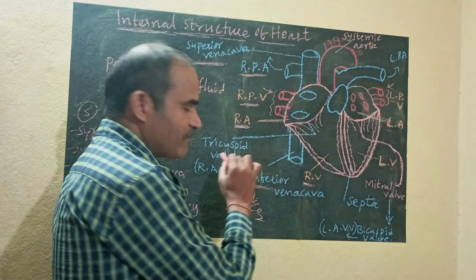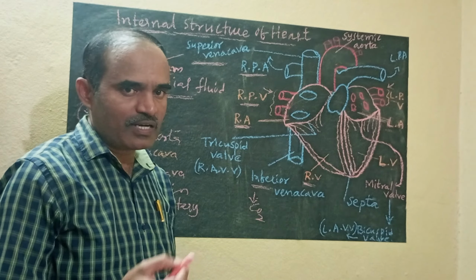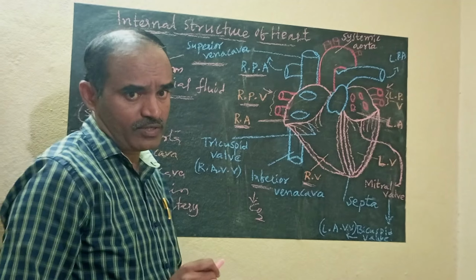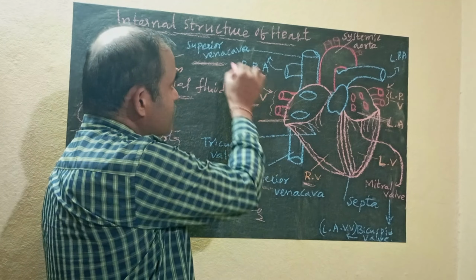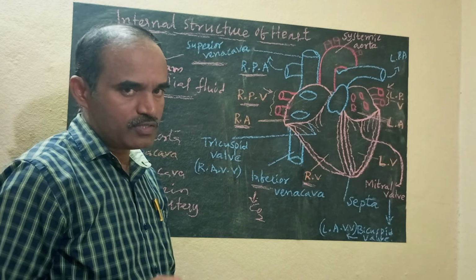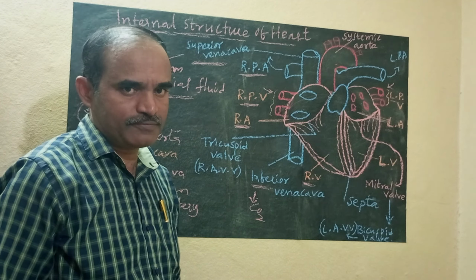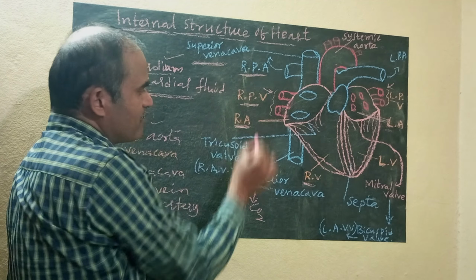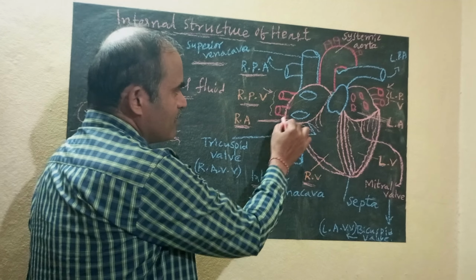Both superior vena cava and inferior vena cava collect deoxygenated blood, rich in carbon dioxide, and empty their blood into the right atrium.